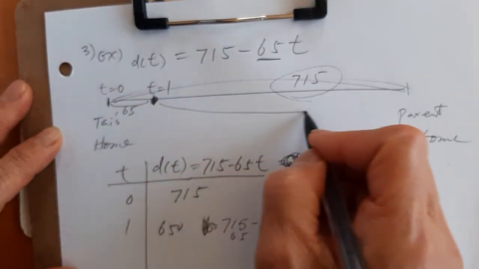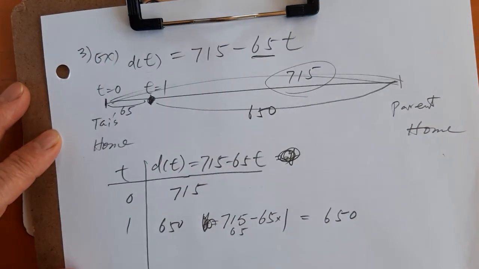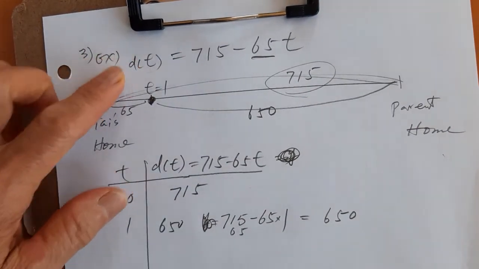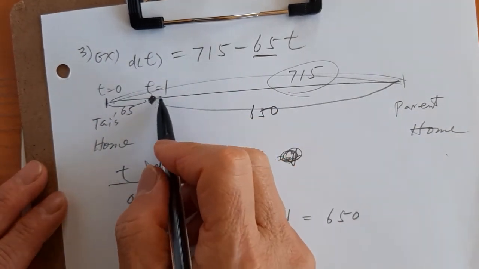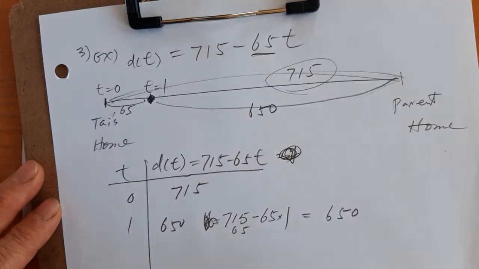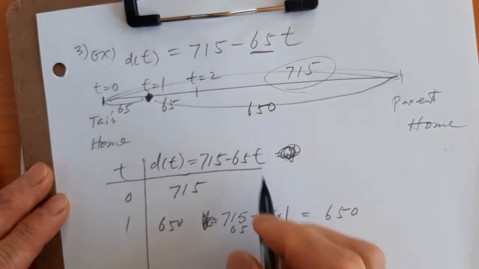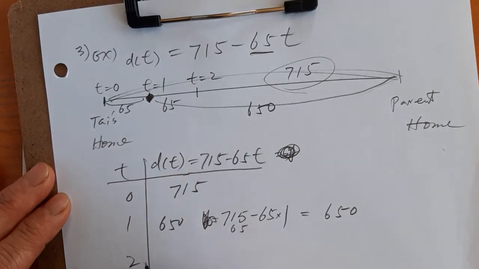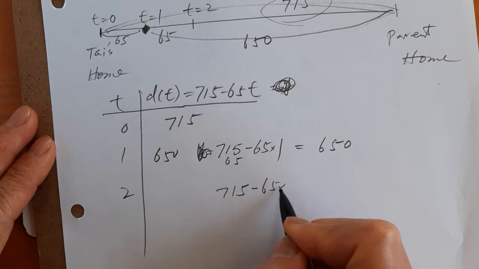After 2 hours, another 65 miles, so t equals 2 gives 715 minus 65 times 2.